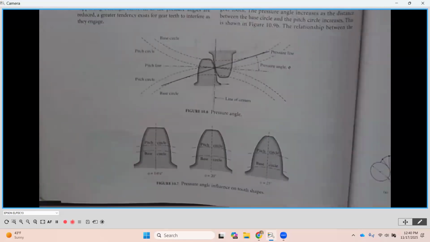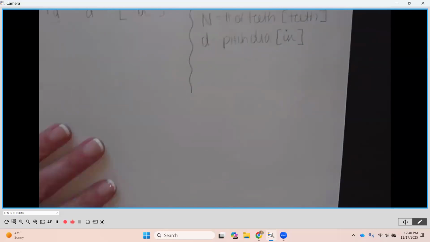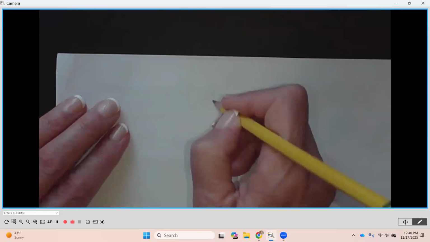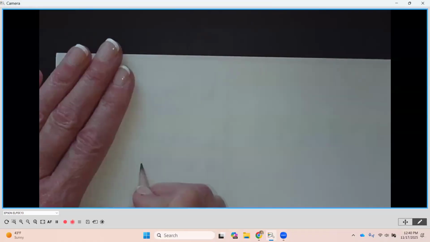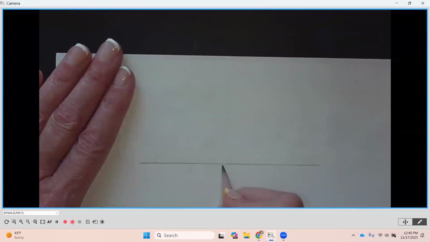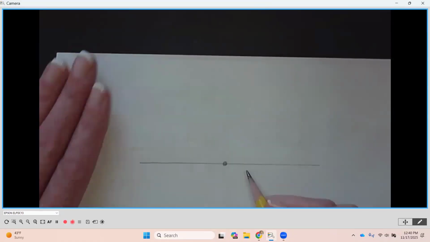So let's first look at, and I'm actually going to go on my back side here. I'm going to draw out a pressure angle example. If I look at a tooth and I come across, this is my point of engagement from one tooth to the other.